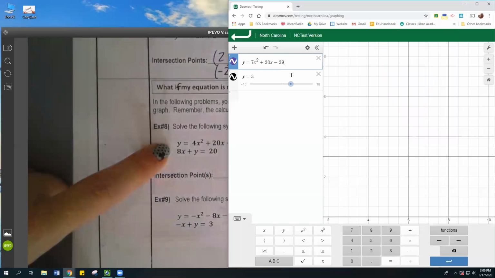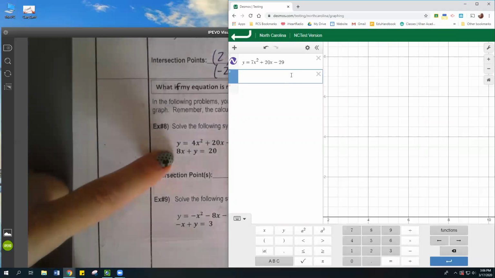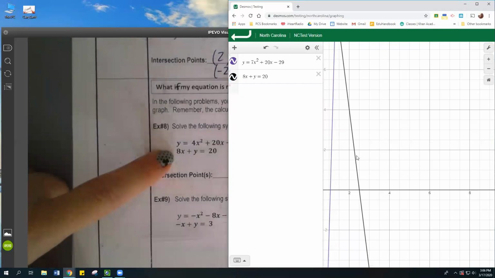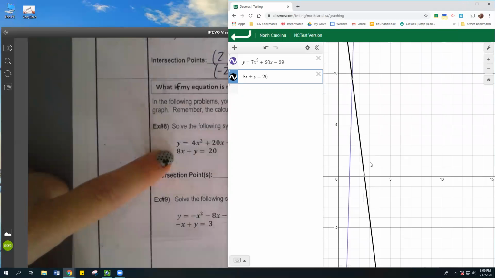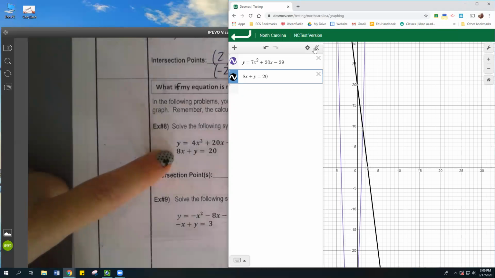Okay, so I'm going to try to type in exactly as I see it, 8x plus y equals 20, and it graphed it right there. That's the line. So when you are in Desmos, even in the North Carolina testing version, you don't have to put it into y equals.